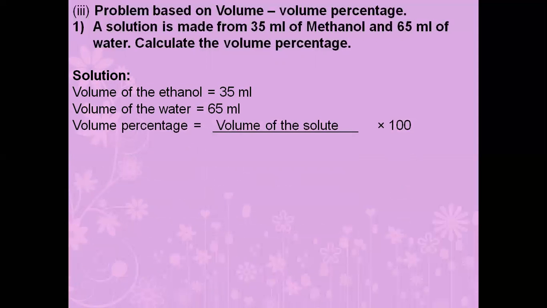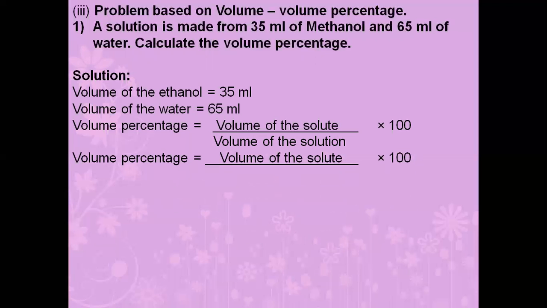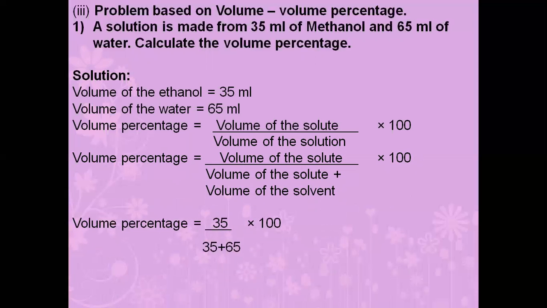So we apply the formula. Volume percentage equals volume of the solute divided by volume of the solution into 100. The volume of the solution is volume of the solute plus volume of the solvent. So 35 divided by 35 plus 65 into 100.